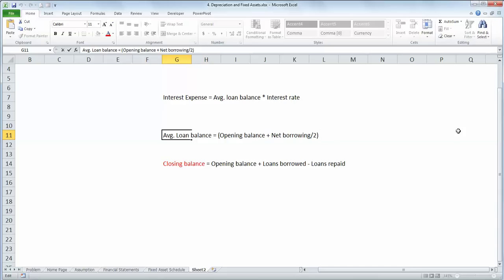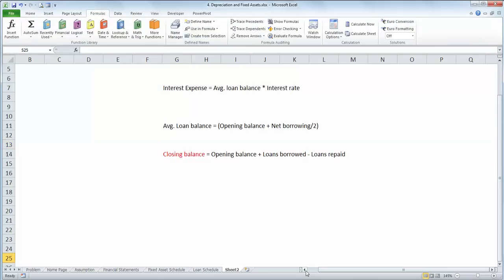This would assume that the company pays interest on time and therefore the closing balance is not dependent on the interest that's being charged. That is a simplified assumption just to avoid the problem of circular reference. However, in certain cases where such simplification is not desired, we may have to live with circular reference, for which we may have to enable the iterations in Excel options.